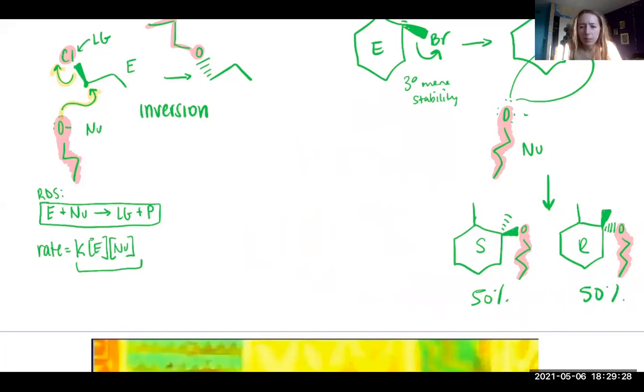Sorry, I don't know how to pronounce your name, Nithya, because we do see that 50-50 mixture of it hitting from the back and the front. Oh, okay. Yeah, so we always see that inversion of stereochemistry going on in SN2.